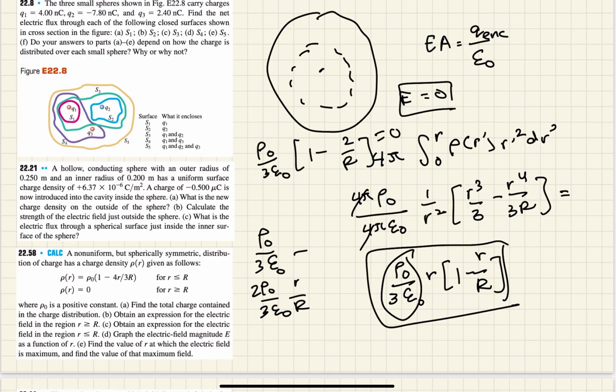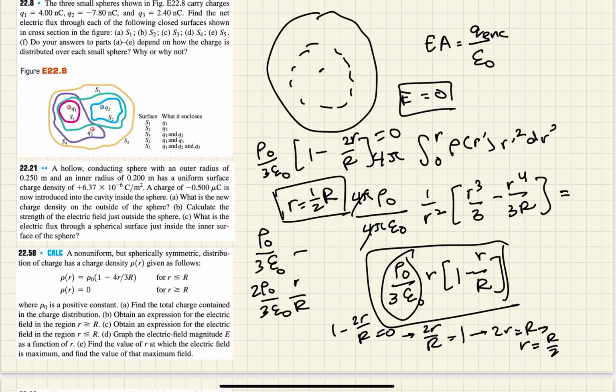And you want that to be equal to 0, so R has to be equal to half of capital R, because then you get 1 minus 2r over capital R equals 0, so 2r over capital R equals 1, so capital R equals 2r, r equals 1/2 capital R. And so that is basically it. That is your answer. And to find the value of the maximum field, you just plug it back into this equation, and you get an answer for that.